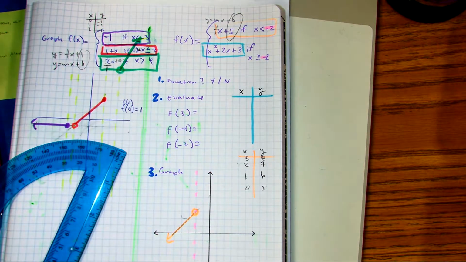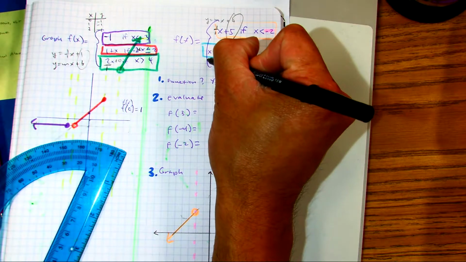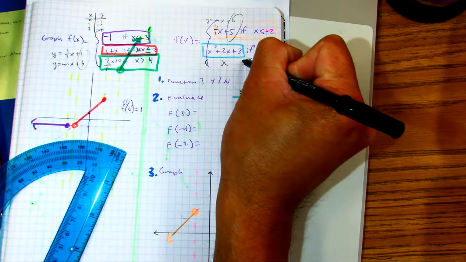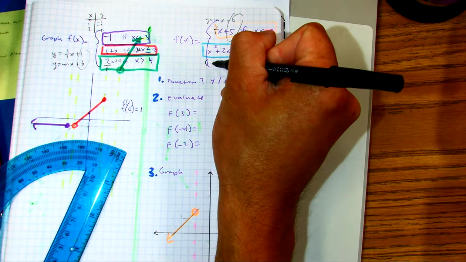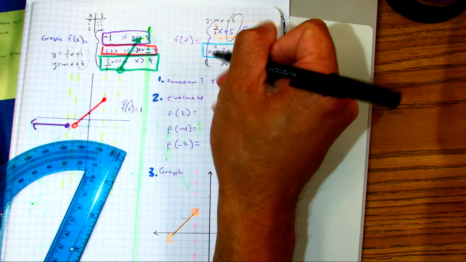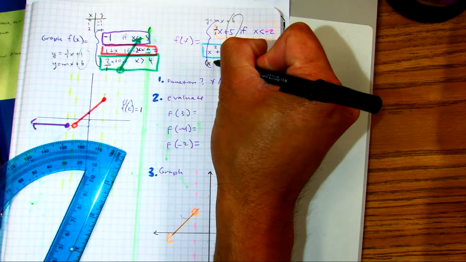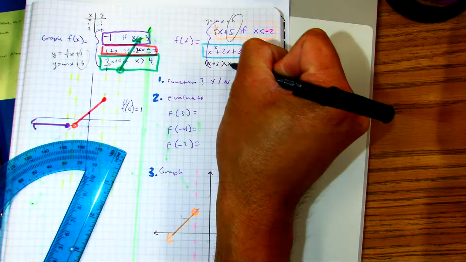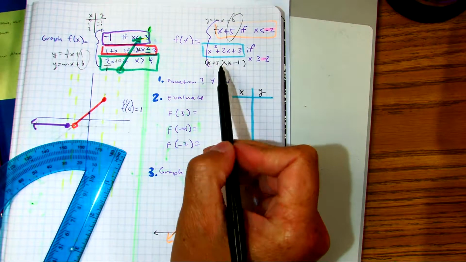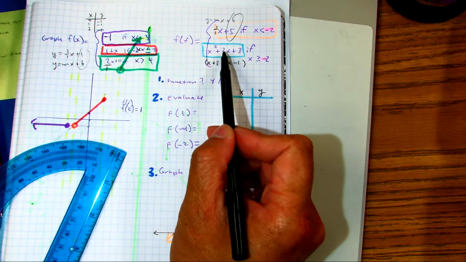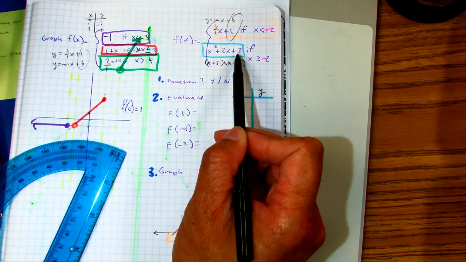Cynthia, how did you graph the blue one? So you factored it? Okay, what did you get? Cynthia, 3 plus -1 gives me 2, but 3 times -1 is a negative.